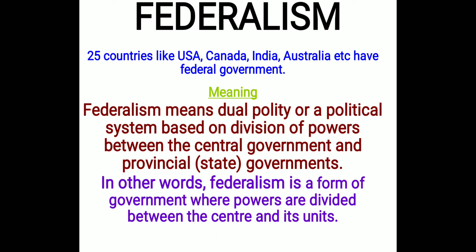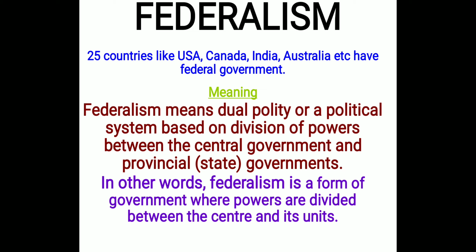So in this way, we can say that a federal form of government is a form of government where two types of government are found. At state level, there are the state governments. There are 28 state governments in India, like government of Haryana, government of Uttar Pradesh, government of Bihar, government of Odisha, government of Maharashtra, government of Bengal, and so on.